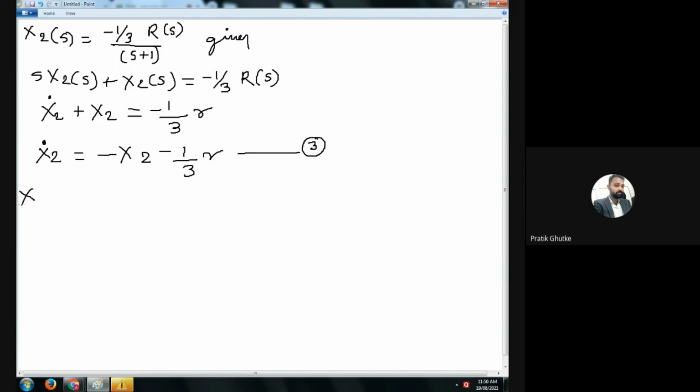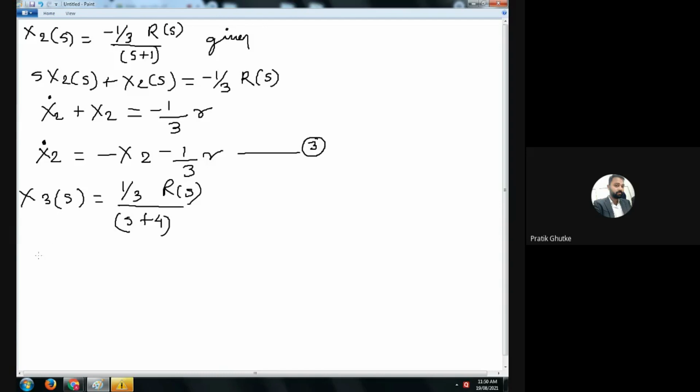I would solve for x3 of s. What is my x3 of s? On that previous numerical, it was 1 by 3 s divided by s plus 4.